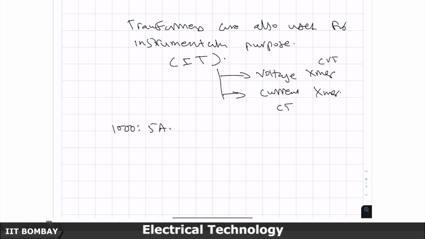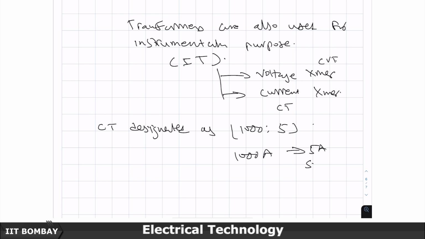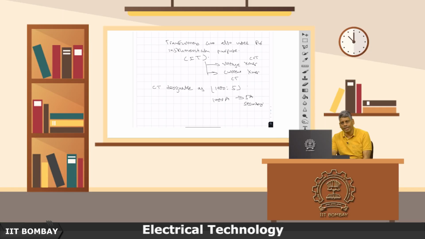If I have a CT, for example, a transmission line CT, then I will have that CT designated as 1000:5 CT. That means 1000 amperes should come as 5 amperes on the secondary, because the instrumentation that you connect will not be rated for that. Usually it would be some electronics, a relay or whatever. It is not supposed to carry 1000 amperes.